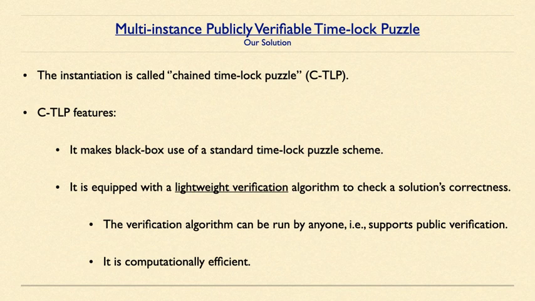The chained TimeLock puzzle has a lightweight and efficient verification algorithm. The verification algorithm imposes very low computation and communication costs to the parties. Furthermore, the verification algorithm allows anyone to check the correctness of a solution found by the solver.